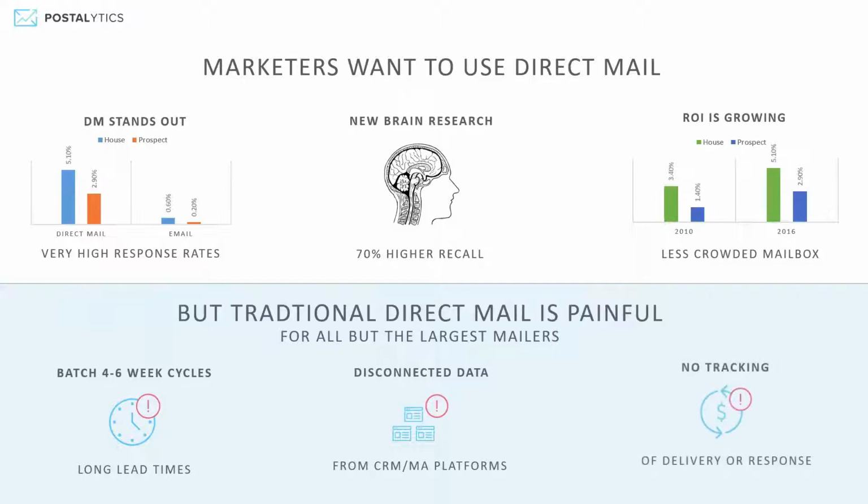And then finally, there's no tracking. You spend all this time pulling data from all these different sources and not integrating it all. Then you send it out, and you don't really know what happens. That's the problem with traditional direct mail.